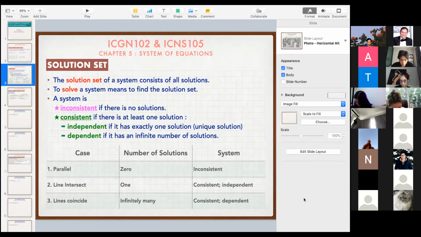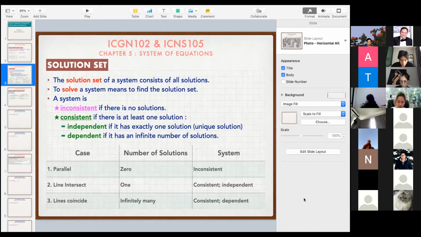It's independent if it has exactly one solution, or a unique solution. And it's dependent if it has an infinite number of solutions. For example, if the value for x is infinite, something like that, that is dependent.